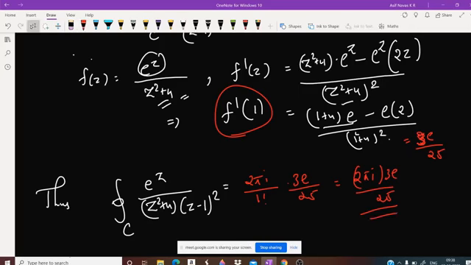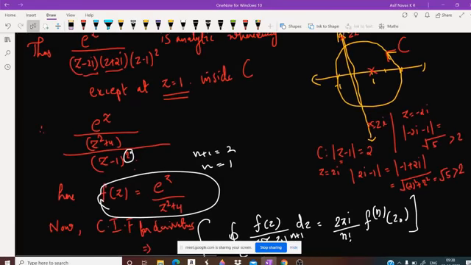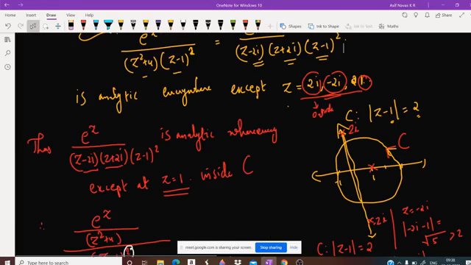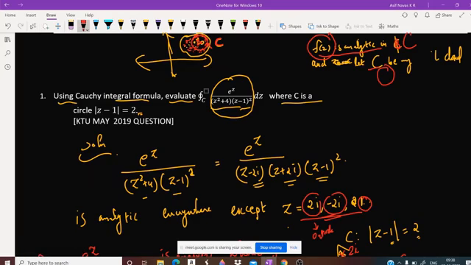So this is a very easy problem. What we have to do is, first we want to find out the singular points, the points which are not analytic. That means we have to check when the denominator is 0, so we find these points.